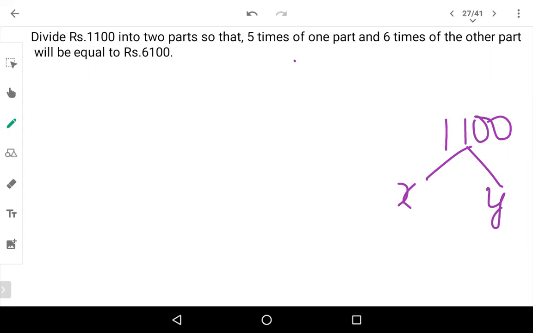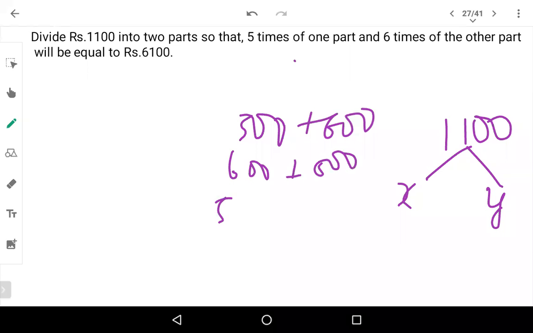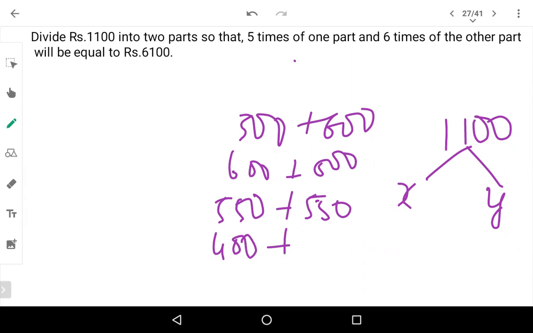You can have 500 plus 600 or 600 plus 500, 550 plus 550, and then 400 plus 700, anything it can be. I'm just giving an example here. So these are the two parts. If you add both of them, you should get 1100.